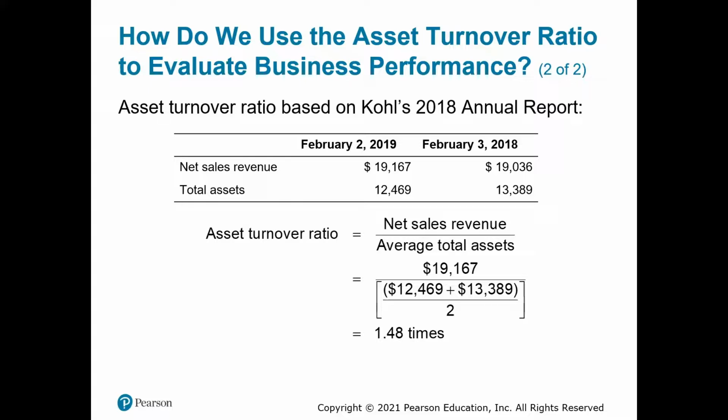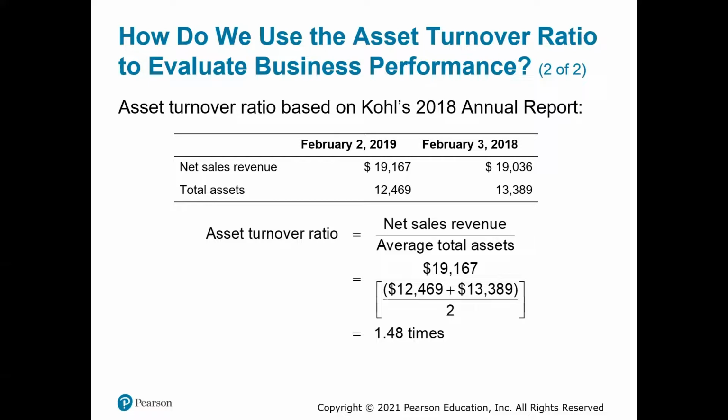The average industry is 1.9. Okay, it's 1.9. So Kohl's is 1.48.